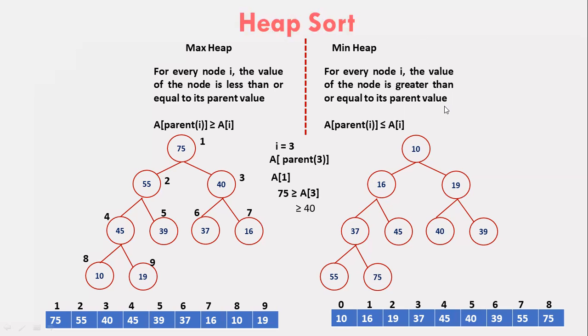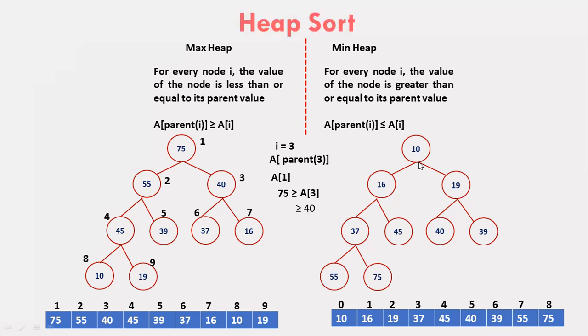Here also, the root node does not have any parent, so this condition is true for all the values of I except the root node. Which is the smallest element of all these elements? 10. So the root will be 10. The smallest of all the nodes will be the root in the min heap.